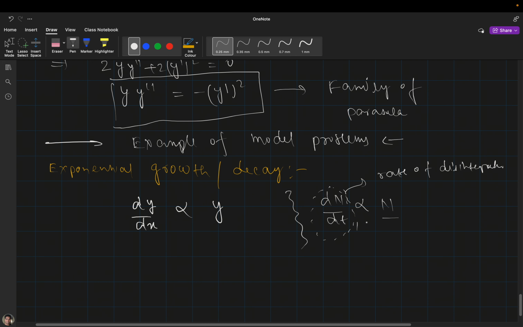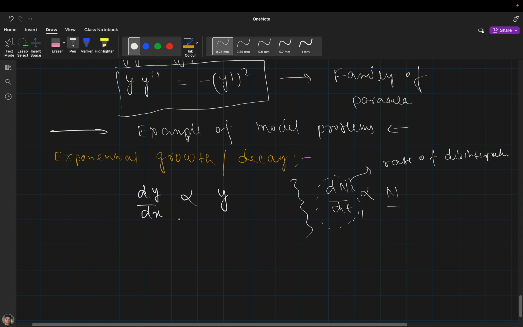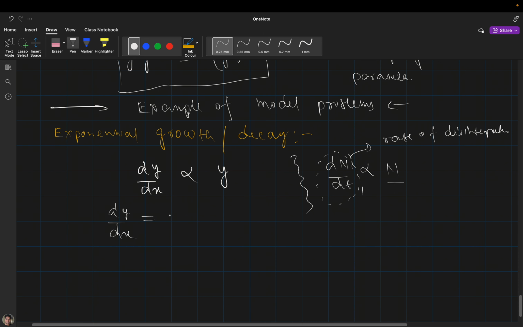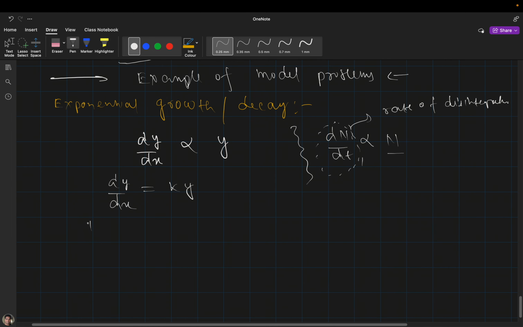So, if you remove this proportionality constant, you will arrive at this kind of equation. If k is greater than 0, which means k is positive, then this kind of equation will be called a growth equation. And if k is less than 0, this is called a decay equation.